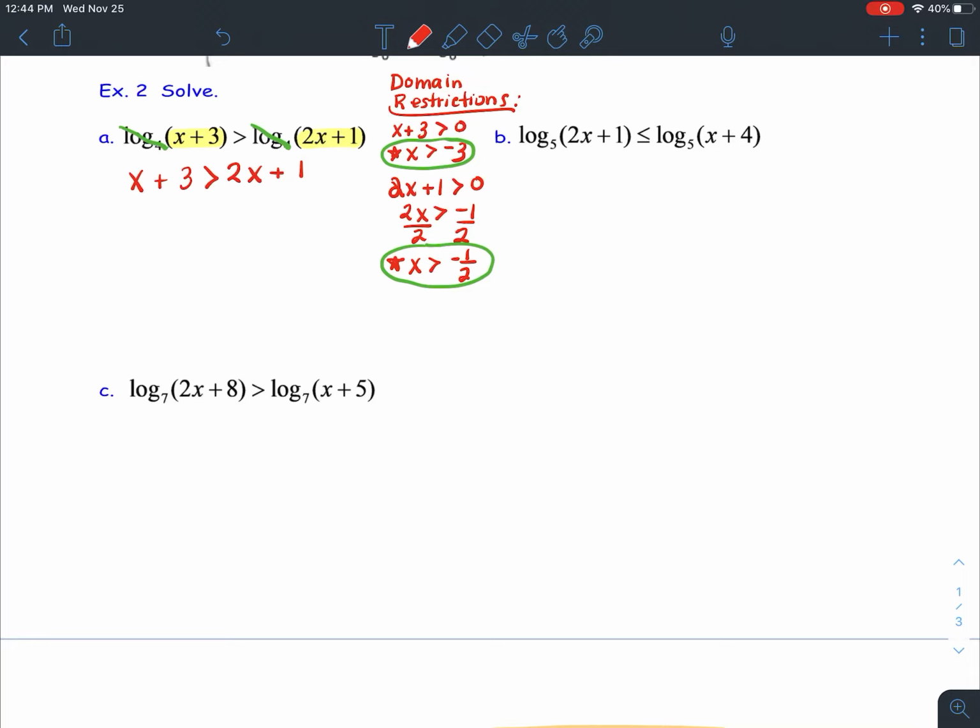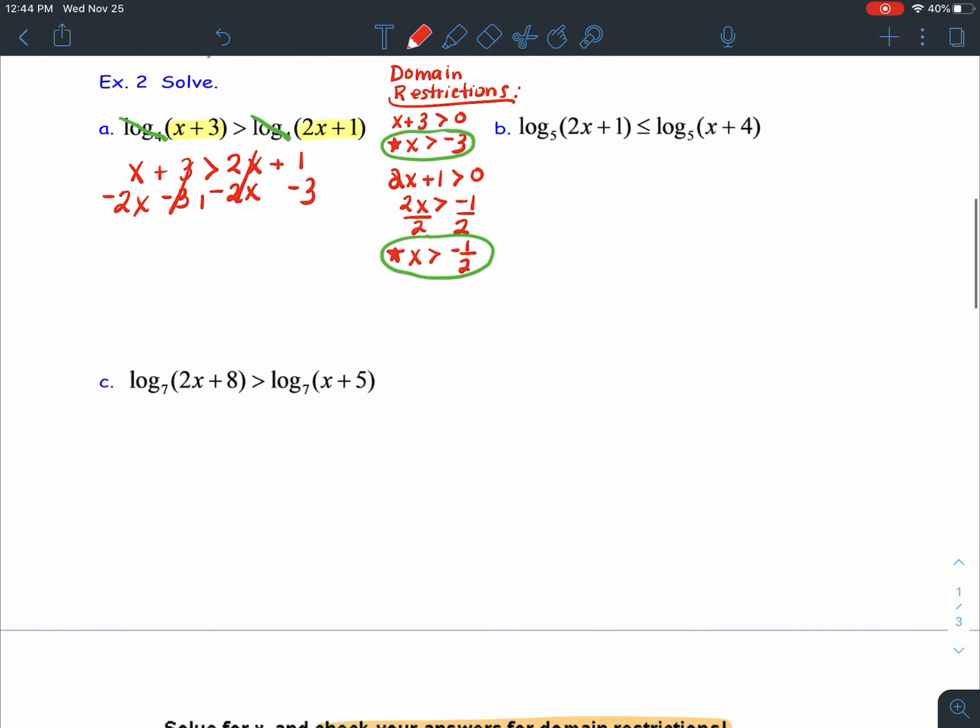Now, there is one important thing that I haven't mentioned yet with inequalities, and that is when you're solving an inequality, if you ever run into a situation where you have to divide both sides of your inequality by a negative number, you have to flip the direction that the symbol is pointing. So I'm going to move this 2x over here. I'm going to move this 3 to the other side.